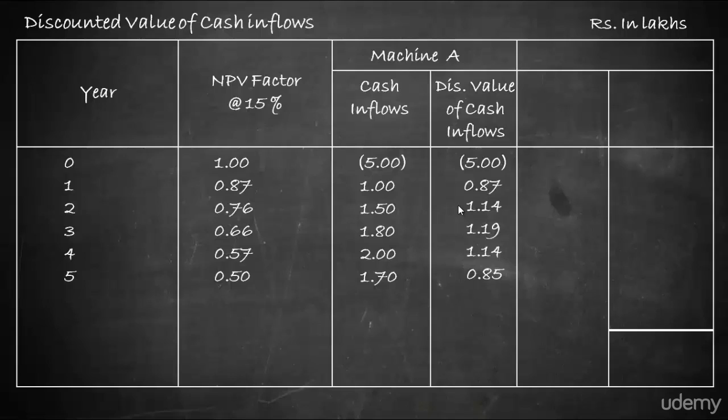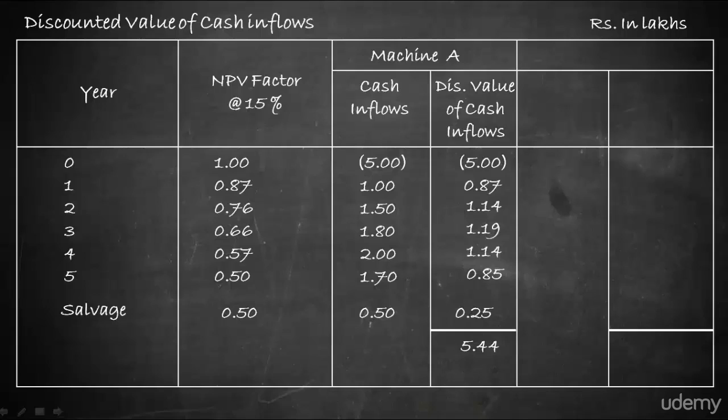And in year 5 there will be a salvage because there is going to be disposal of the existing mission. In year 5 the NPV factor, we know it is 0.5, and cash inflow at that point is how much? It is 50,000, so it is 0.5. So 0.5 multiplied by 0.5, we get the discounted cash flow as 0.25. So this makes the total as 5.44.